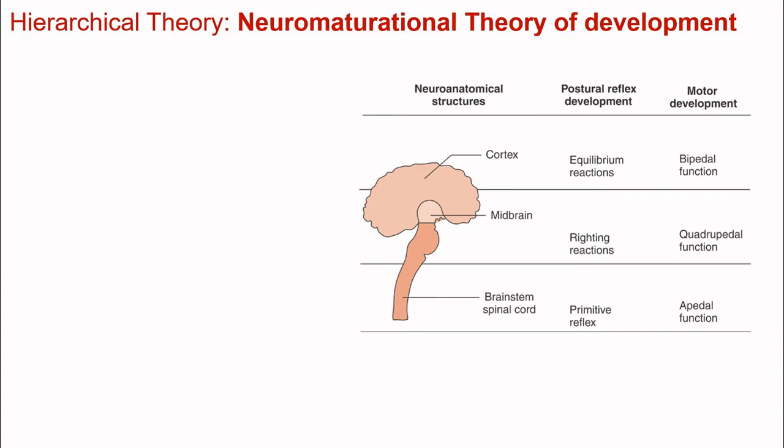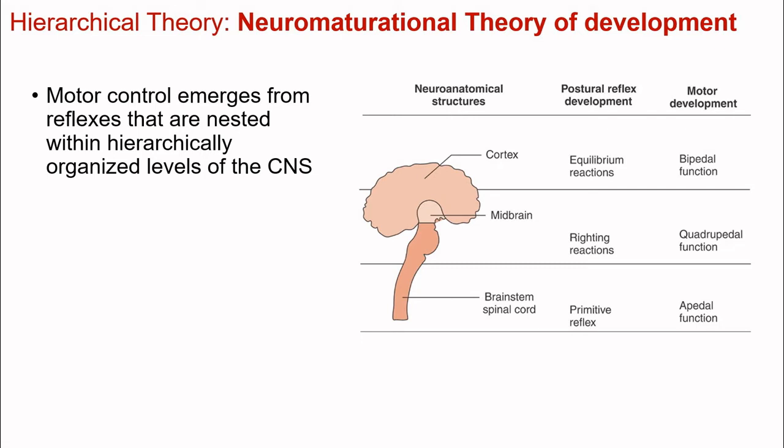An example of an influential application of the hierarchical theory is the neuromaturational theory of development. In the neuromaturational theory, motor control is theorized to emerge from reflexes that are nested within hierarchically organized levels of the central nervous system.